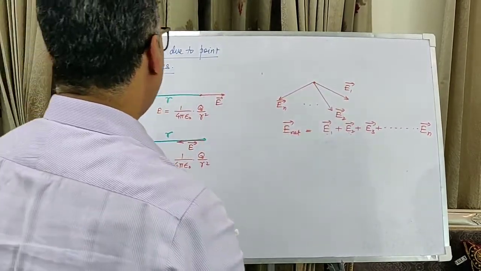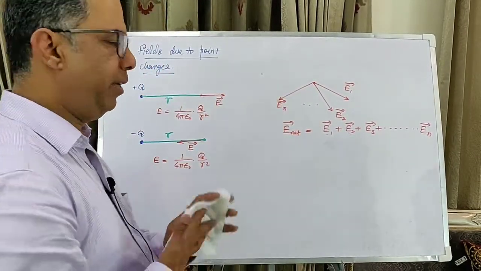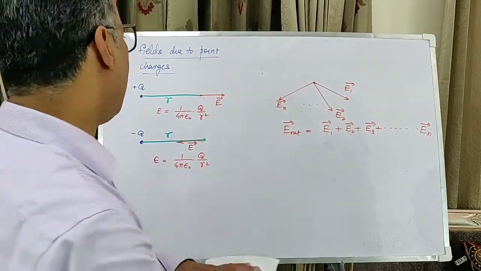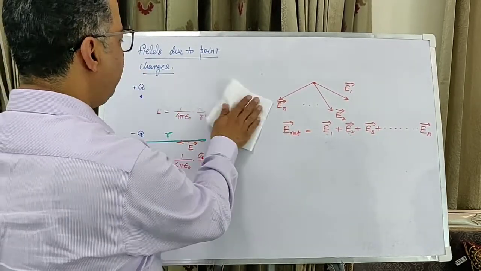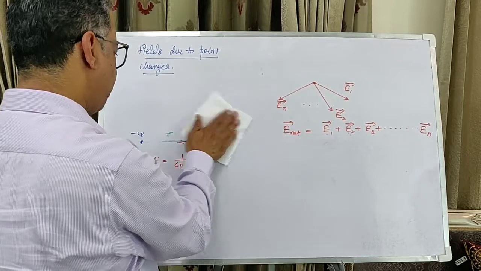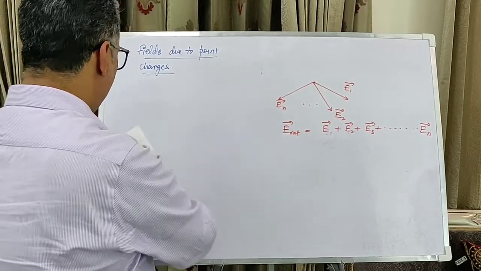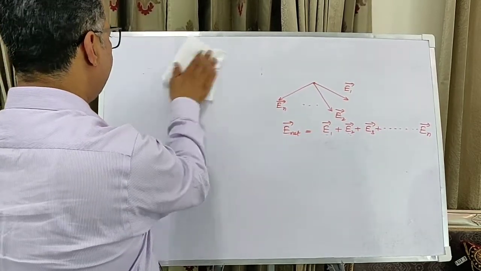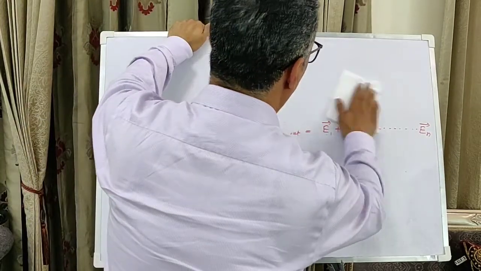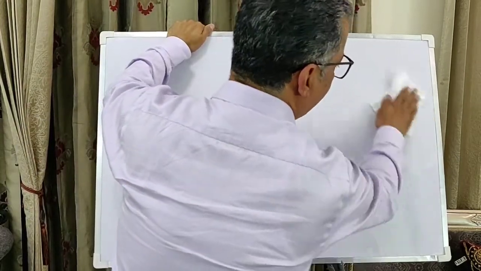We will now move on and discuss electric fields due to combinations of charges. Now, one very simple and very common combination of charge is what we call an electric dipole. Now, what's an electric dipole?